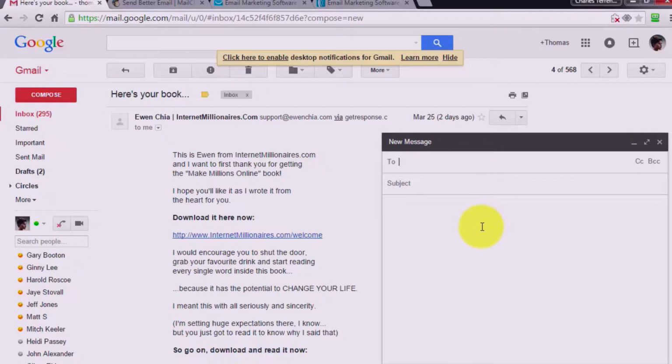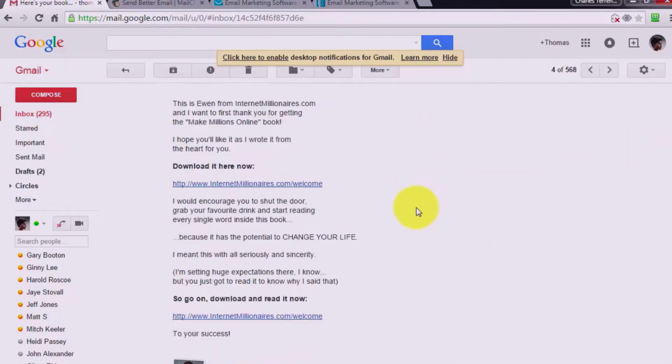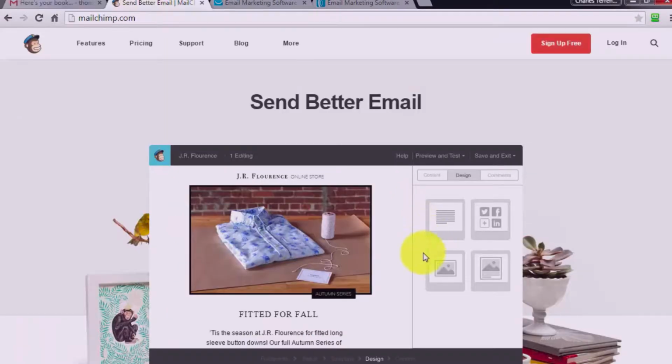And you want your customers to be able to get your emails so that they can see what it is that you have to offer. It's for that reason that you're going to want to get your own autoresponder account so that you can send emails just like this.